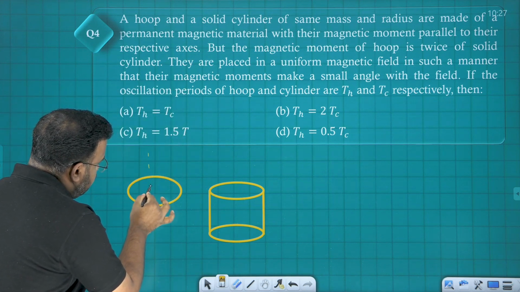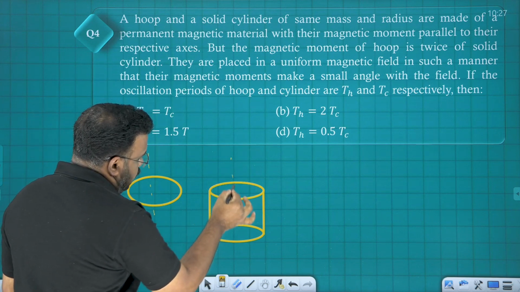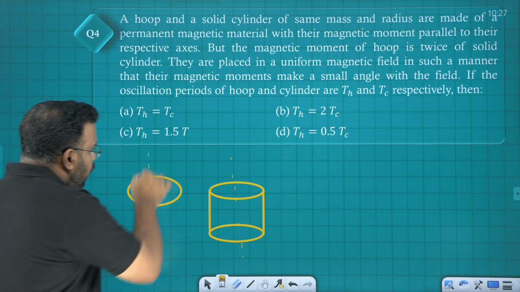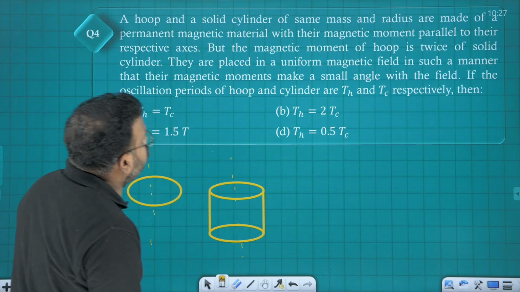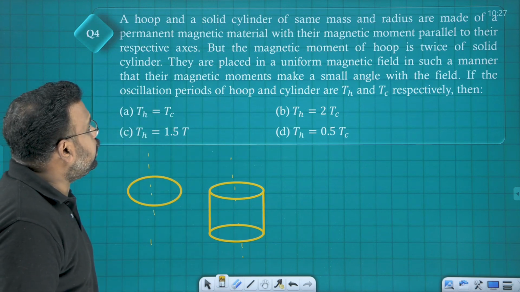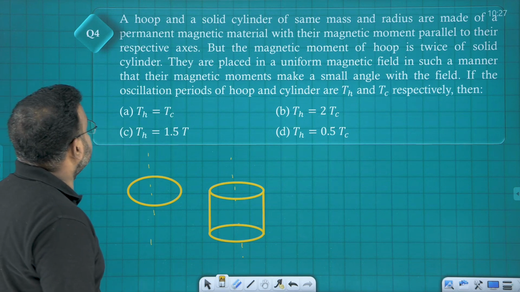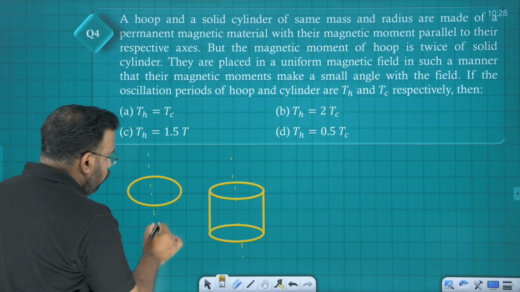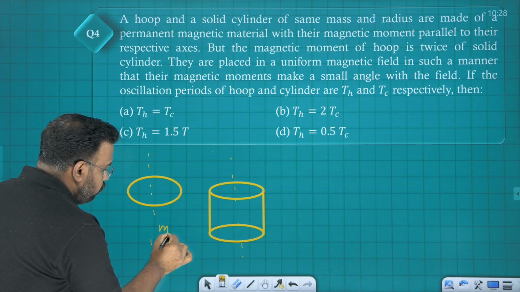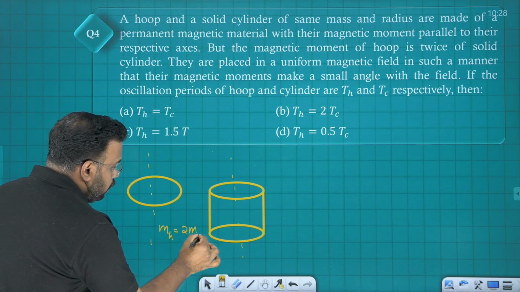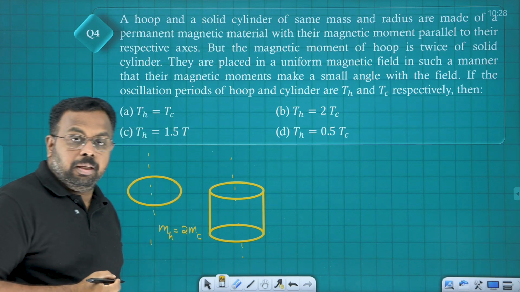So, if this is the axis of the hoop and this is the axis of this solid cylinder, the dipole moment is parallel to the axis. That is one information. Then next one is the magnetic moment of the hoop is twice of solid cylinder. That means M of this hoop is equal to 2 times M of the cylinder. I am just writing it as C.